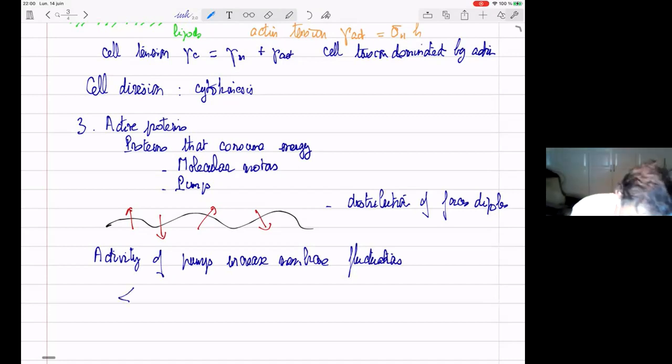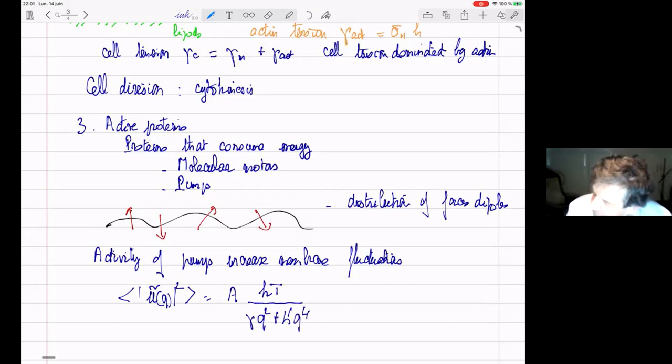So the square of the amplitude in Fourier mode is what we had with a passive membrane, so kT over (gamma q squared plus kappa q to the fourth), except that both the tension gamma and the bending modulus kappa are renormalized, and they take lower values.